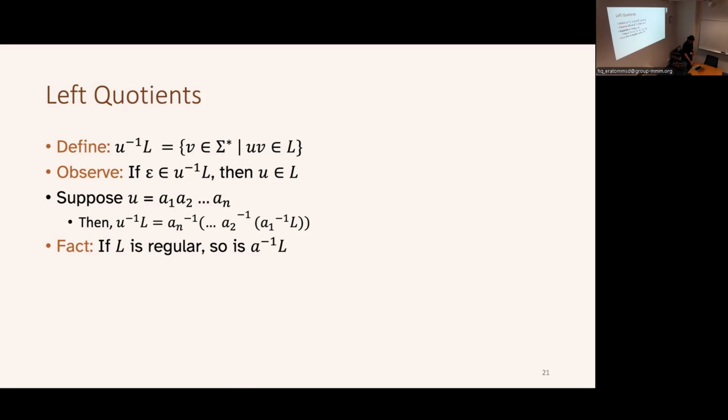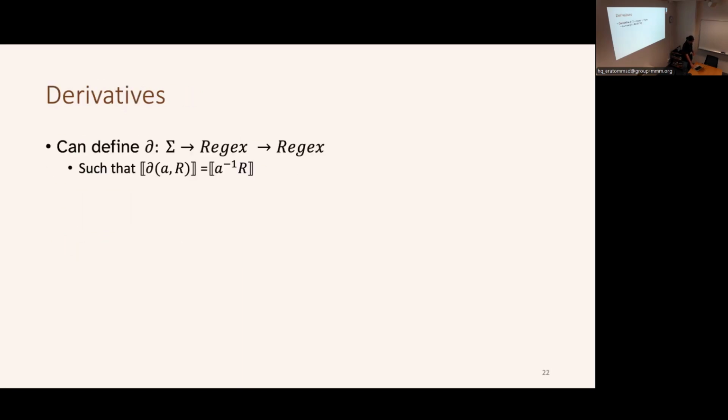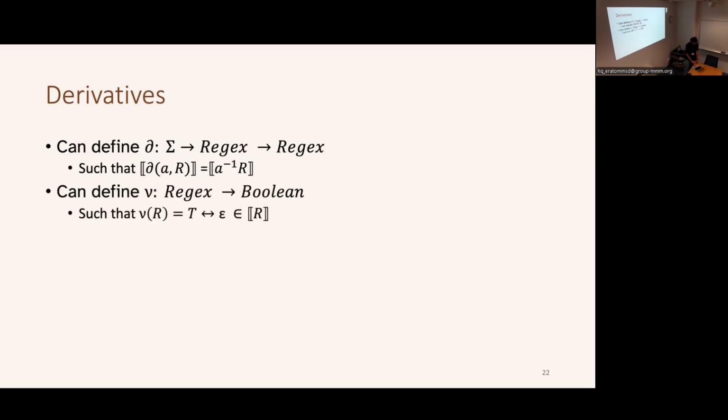And then this will give us a way to do regular expression matching. So our goal is to define this map delta or backslash partial, and then we will have this other map nu, which checks if some regular expression contains the empty string.